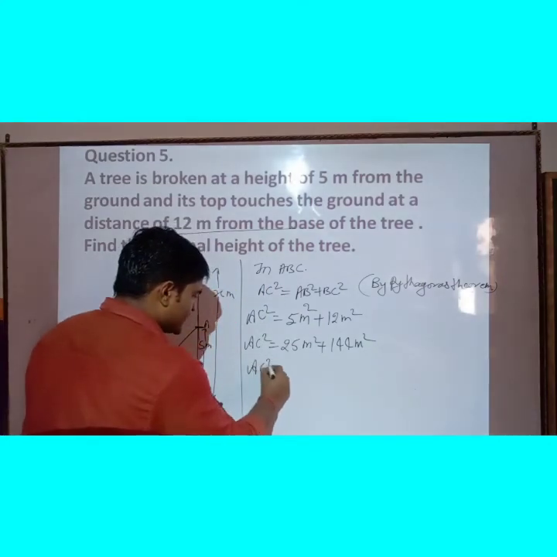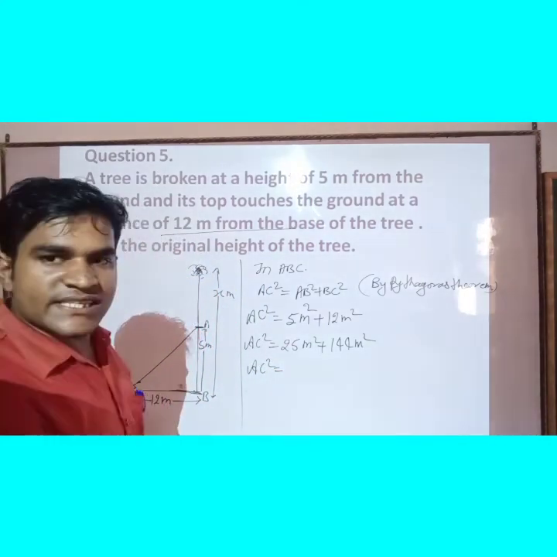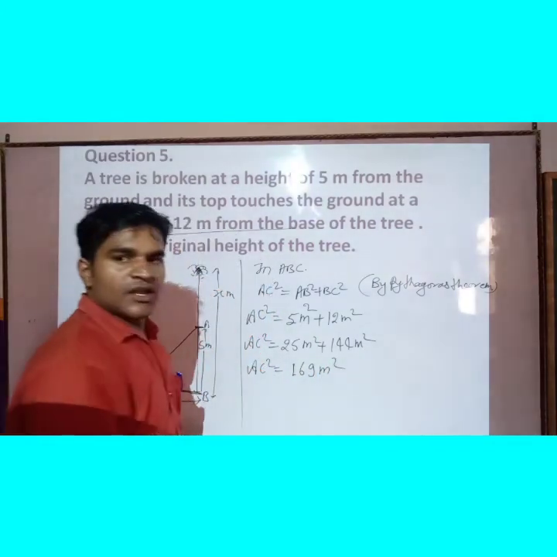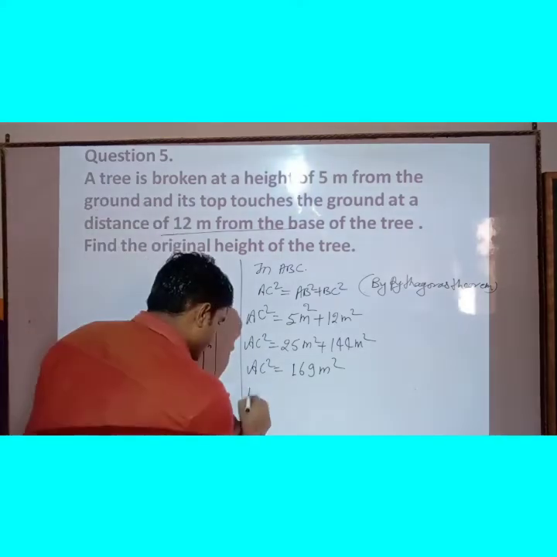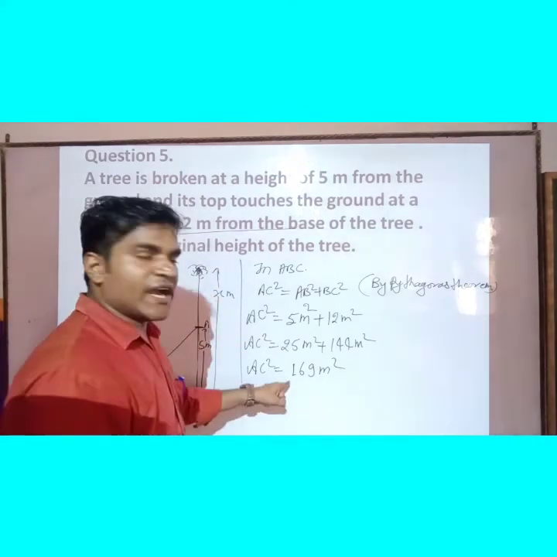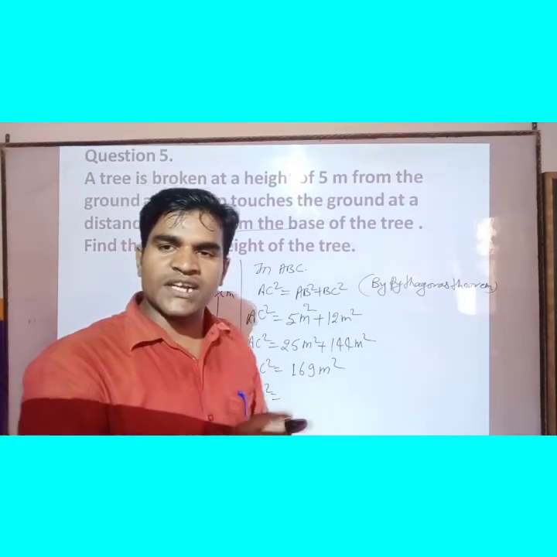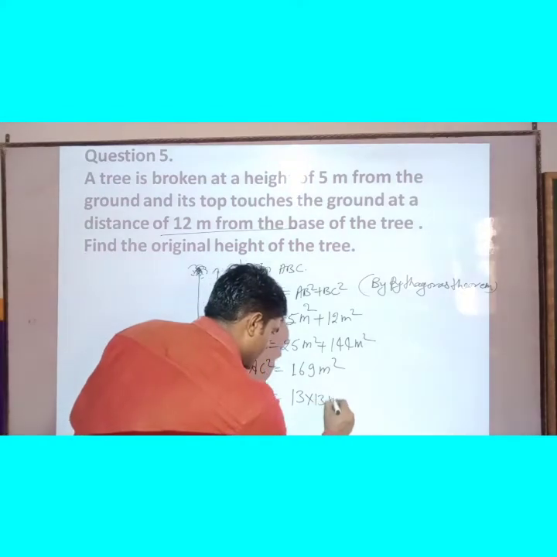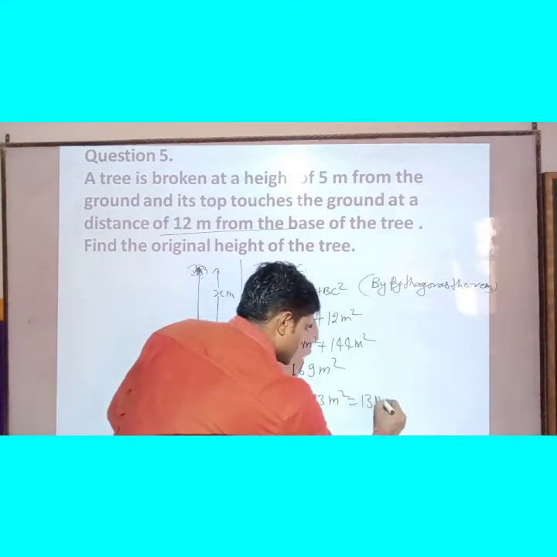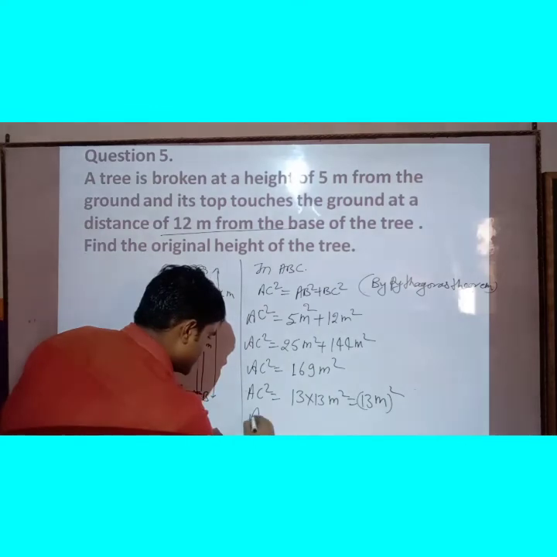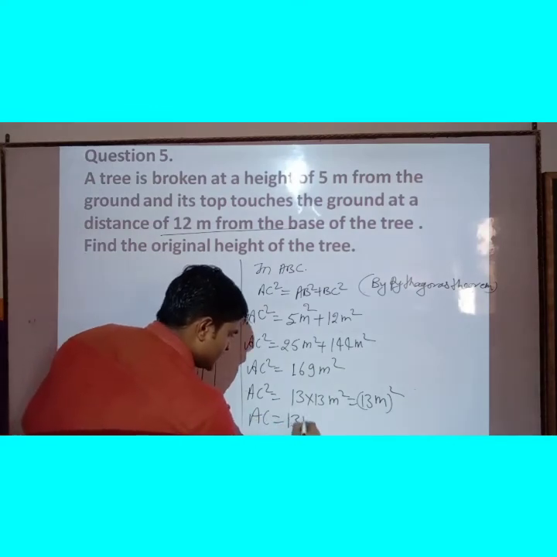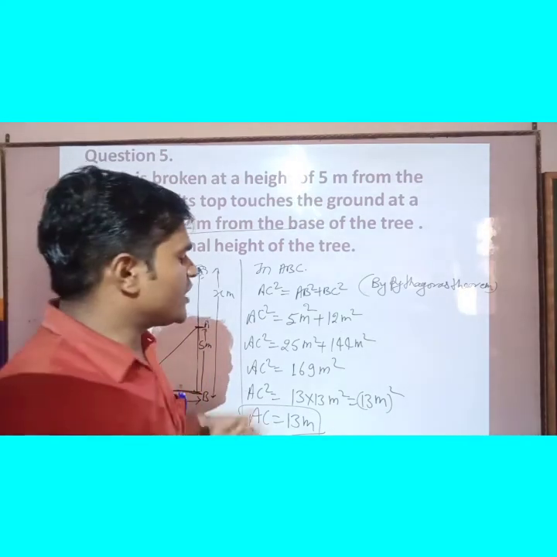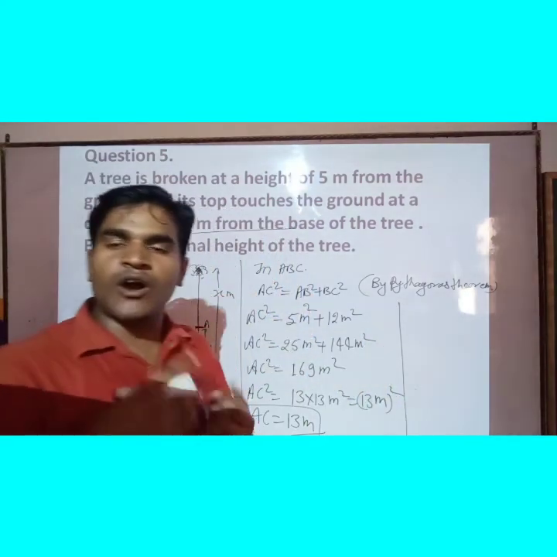Now we add them and get 169 meter square. We find the prime factor of 169: 169 is divisible by 13, so 13 into 13 meter square. So what is the value of AC? That is 13 meter.